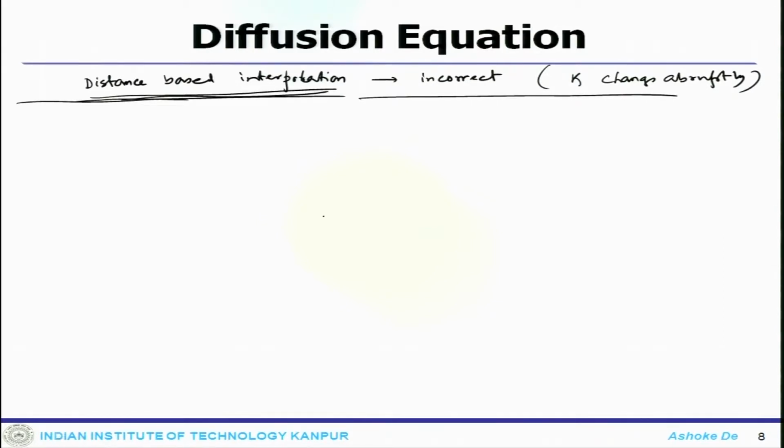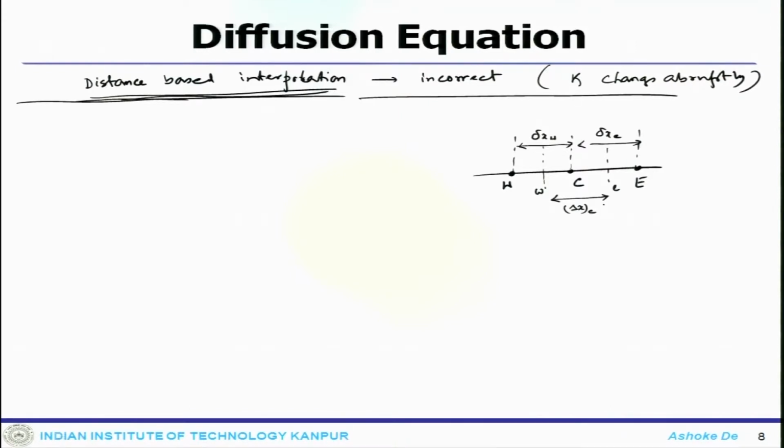So, to get that, let us consider this one dimensional element. This is C, this is west, this is east, and these will be the distances. This distance is delta x w, this distance is delta x e, and this is the west face, this is the east face, and this is also delta x c.